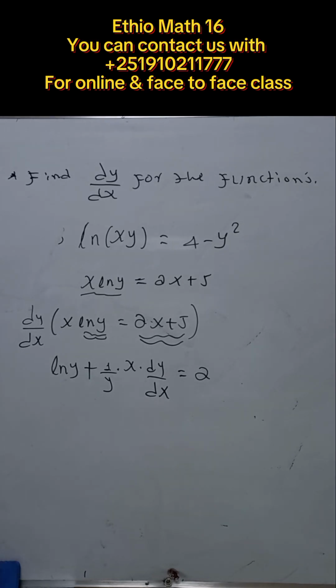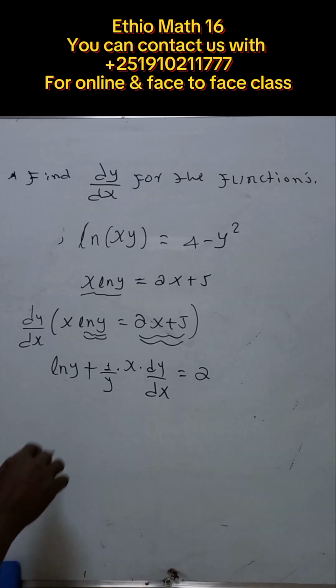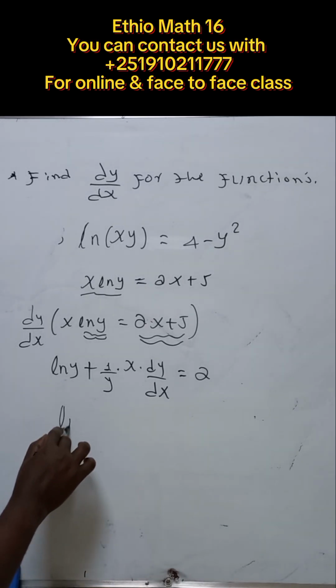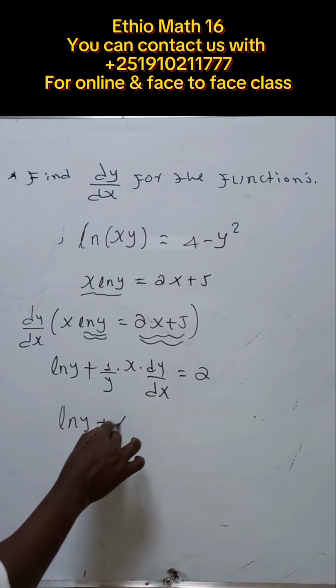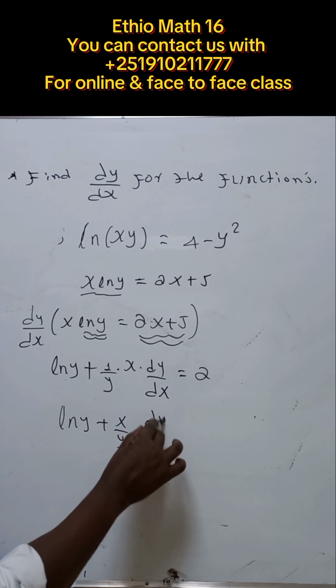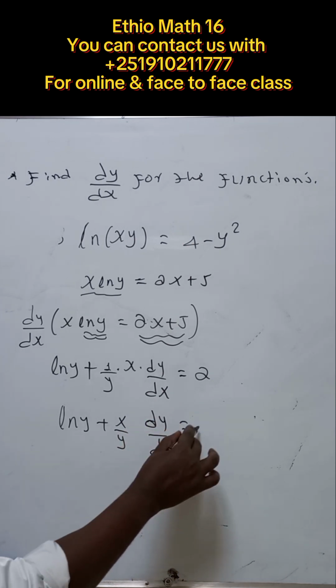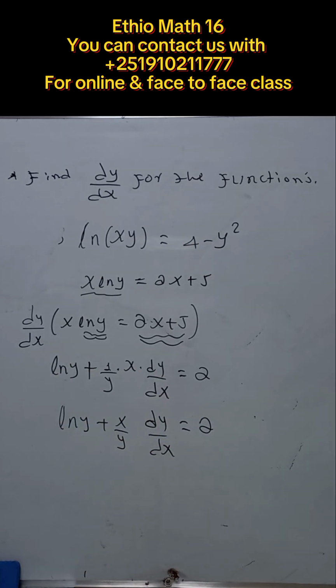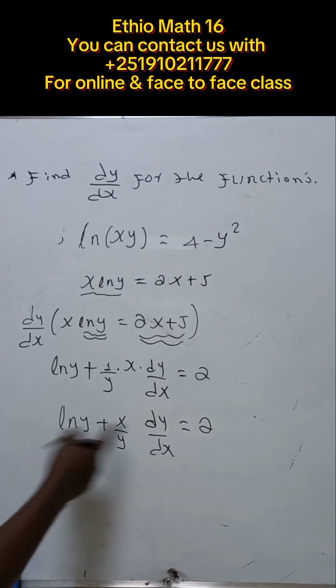So now we have this one. And finally, what we're going to have from here: ln y plus x over y times dy by dx is given by 2. Then the point here is solving this one in terms of some other variable.